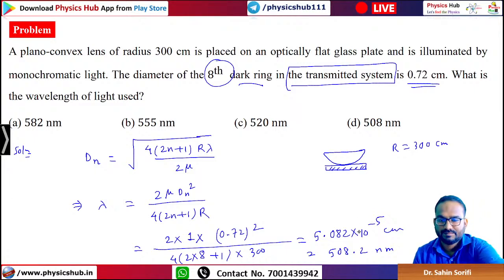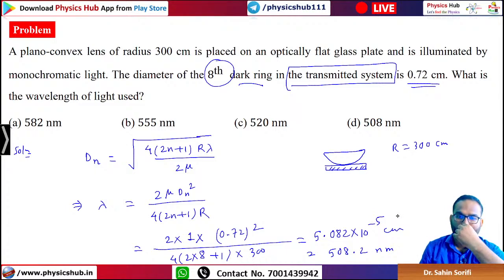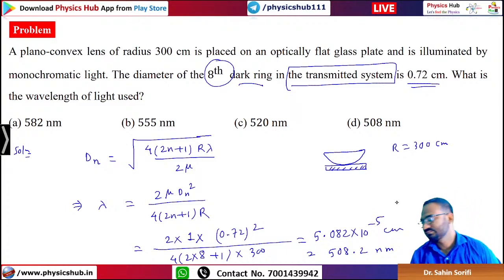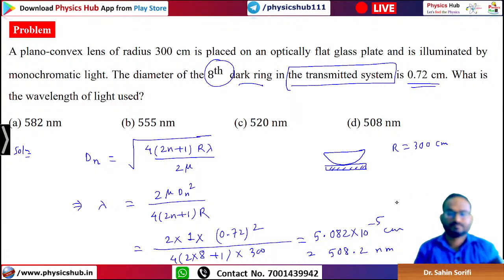Okay, this will come out to be 5.08 times 10 to the minus 5, in centimeter.